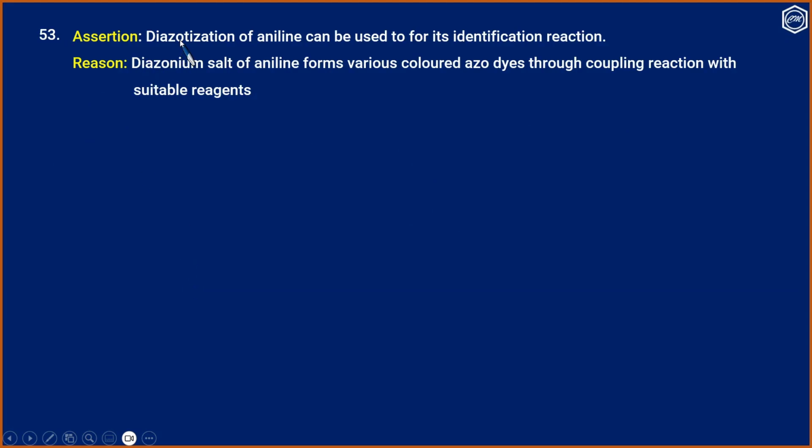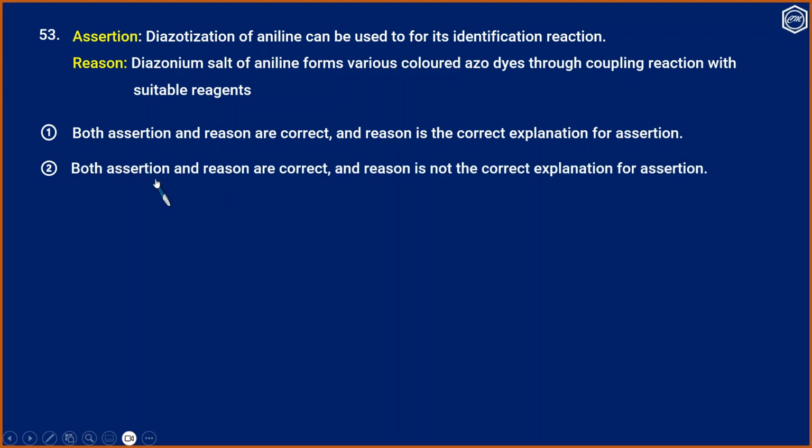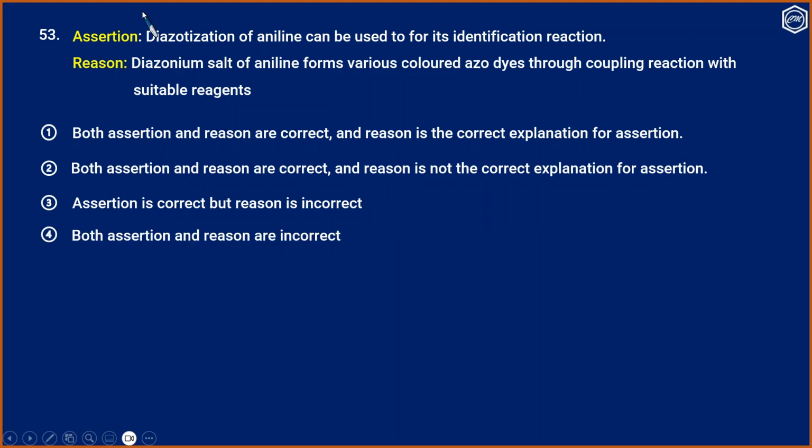Question 53. Assertion: Diazotization of aniline can be used for its identification reaction. Reason: Diazonium salt of aniline forms various colored azodyes through coupling reaction with suitable reagents. Options: both assertion and reason are correct and reason is the correct explanation for assertion, and so on. Here the assertion is correct.